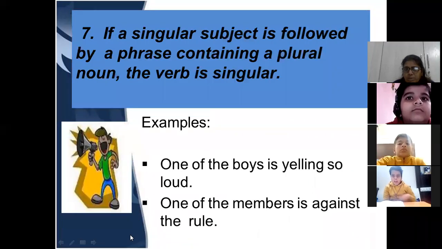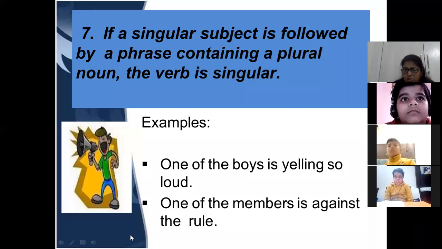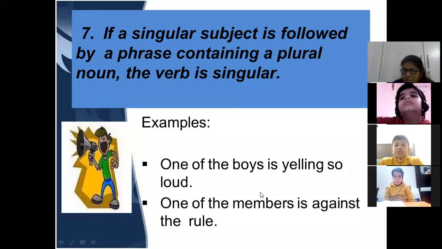Coming to rule number 7. If a singular subject is followed by a phrase containing a plural noun, the verb is singular. Now, what is a phrase? A set of incomplete words which is not giving full meaning. If I say, one of the boys, one of the members, the sentence is incomplete.